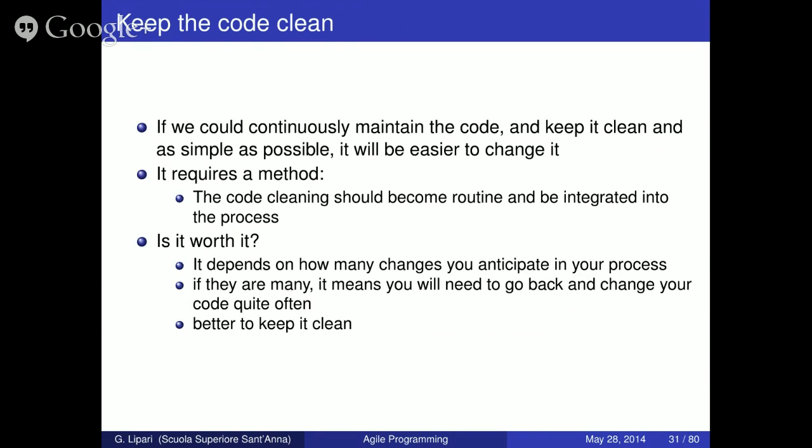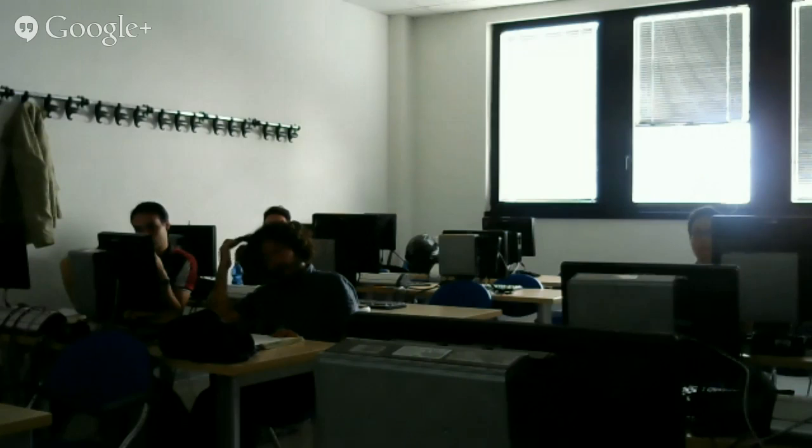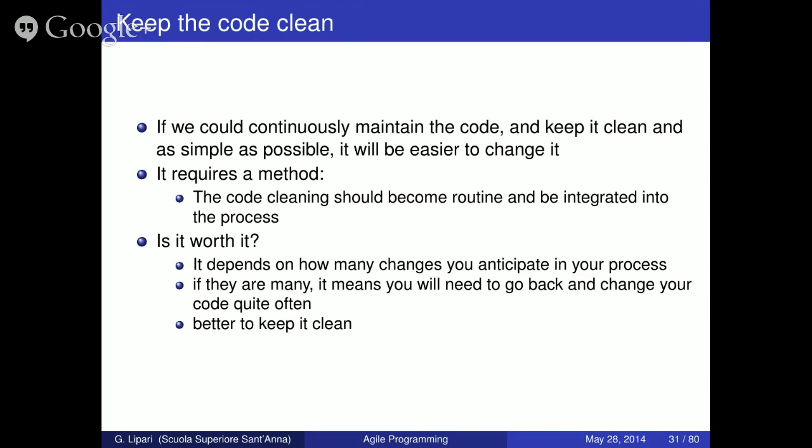But of course, for doing that, it requires a method, because code cleaning should become routine and be integrated into the process. And what does it mean, code cleaning? It means that when you develop one feature and you test and you make sure that everything works okay, you spend some time in making it more beautiful.